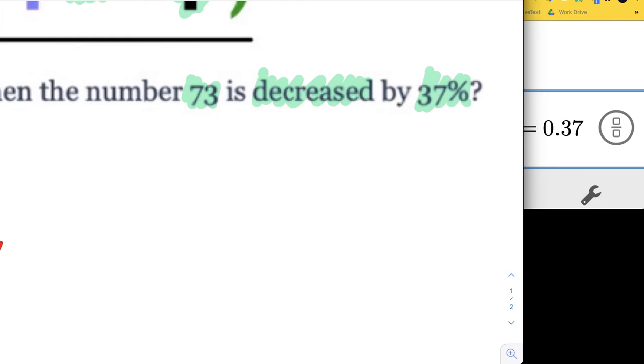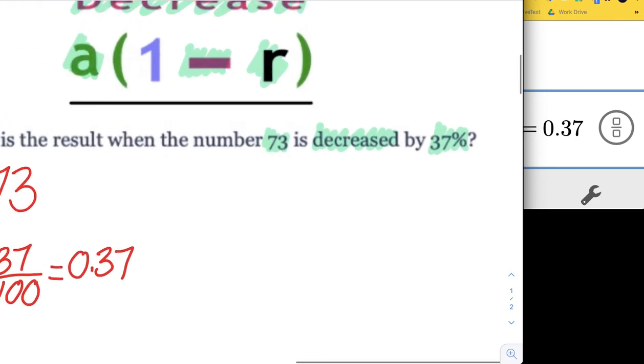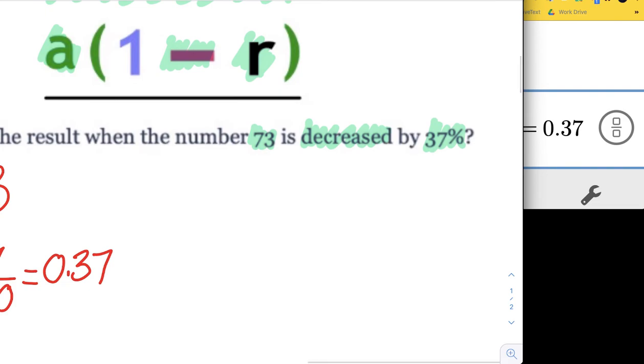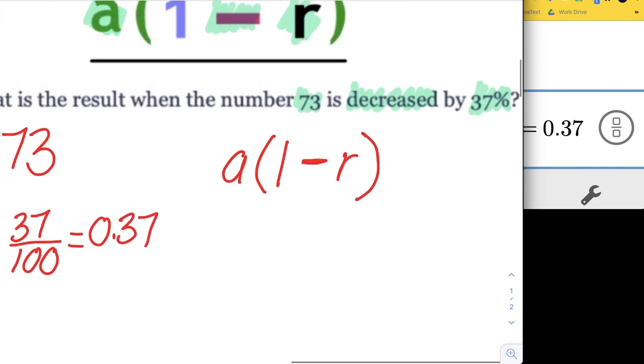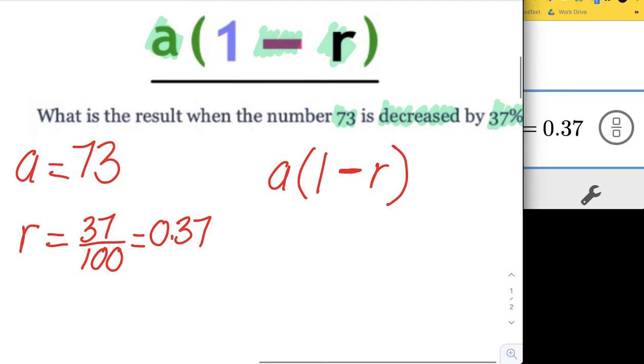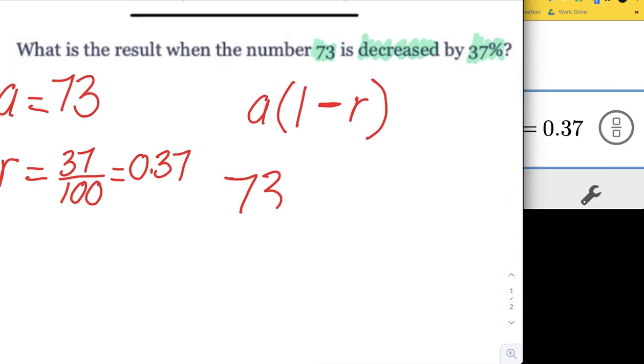So since we are decreasing, the number is going down, we're going to use this formula here. So we're going to say A parentheses 1 minus R. Decrease is minus, right? So now let's substitute our values. A is equal to 73. So we say 73 parentheses 1 minus, what is our R?